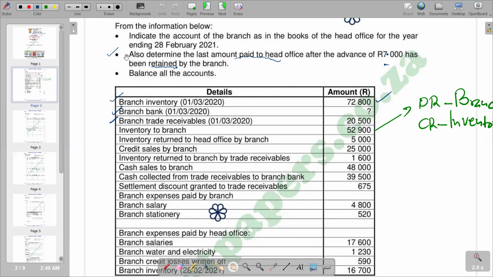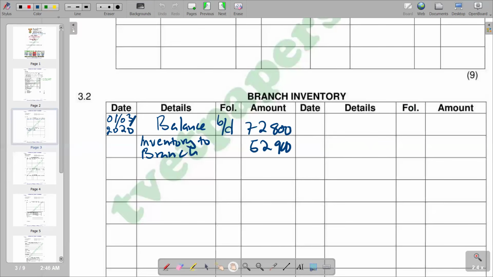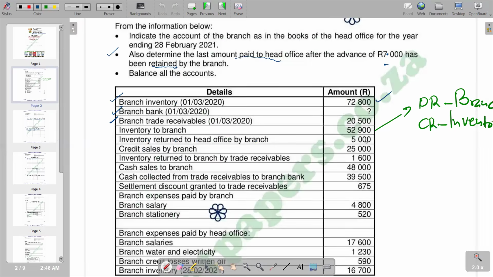So we go to the credit side of branch inventory. Branch inventory credit side. And the date, remember, it's at the end of the year. So we are saying 28/02/2021. And this is going to inventory to branch, we put 5,000.